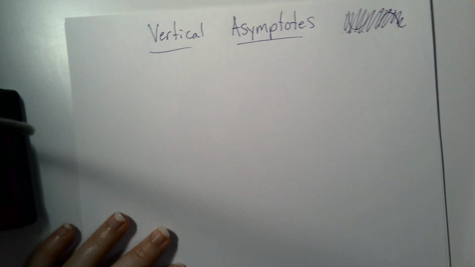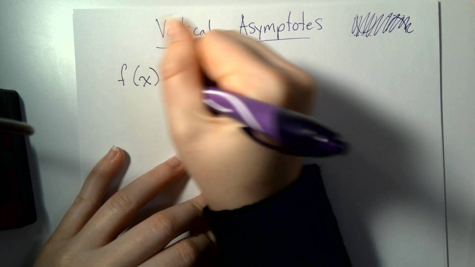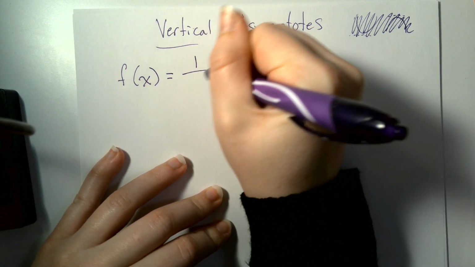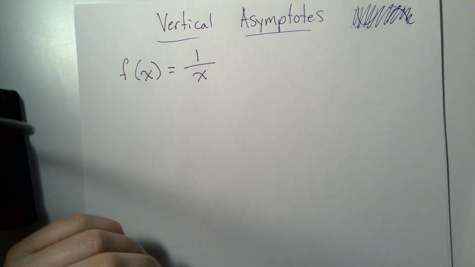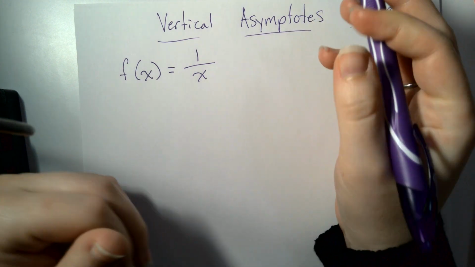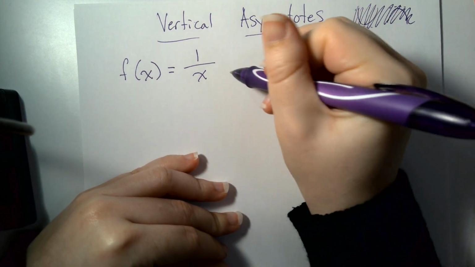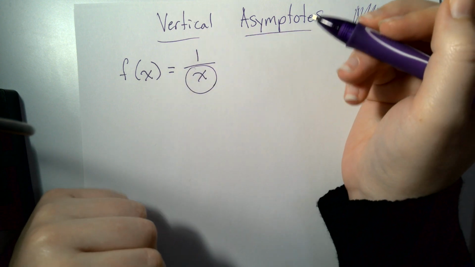Now let's talk about how you can find your vertical asymptote when you're given the function. Let's start with something simple. Let's say we have f of x equals 1 over x. Your vertical asymptote is whatever value of x is going to make the bottom equal 0.